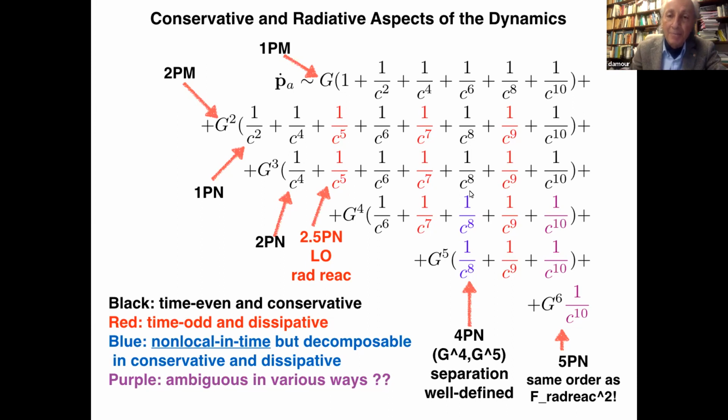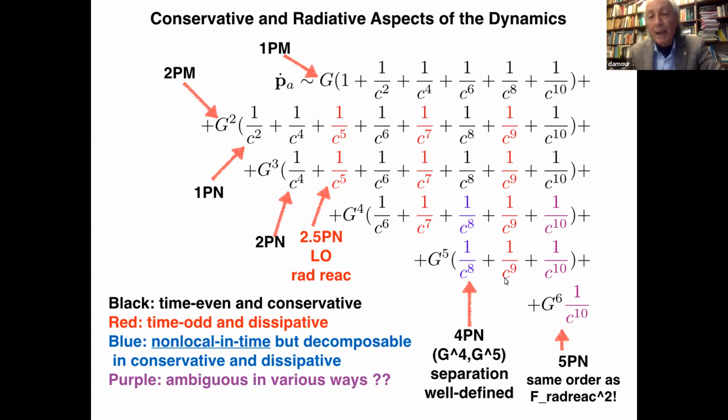But still, this is okay in the sense that, as we will discuss later, this mixture of time even and time odd can be uniquely separated into something time even and something time odd, and the time even is shown to be conservative, that is to say, to correspond to a Hamiltonian.